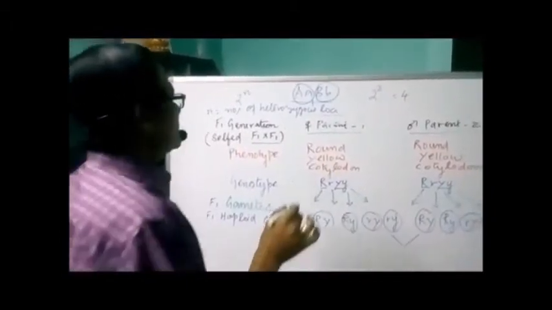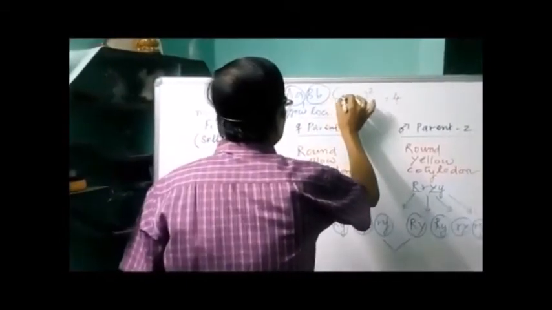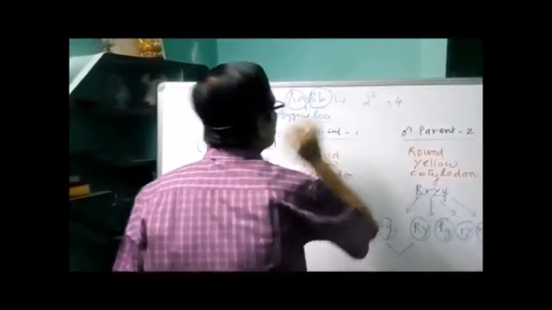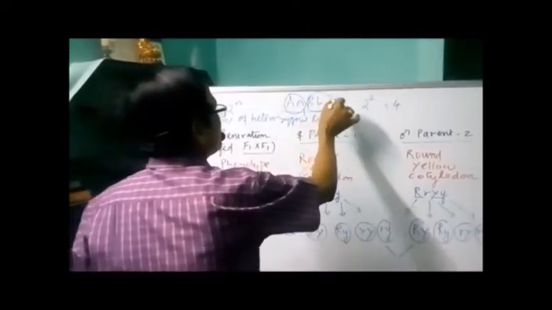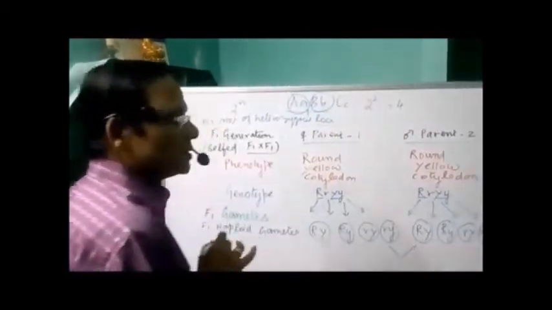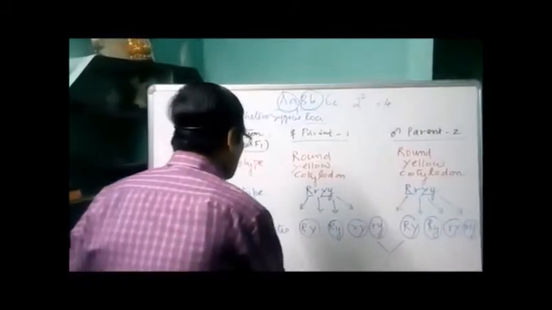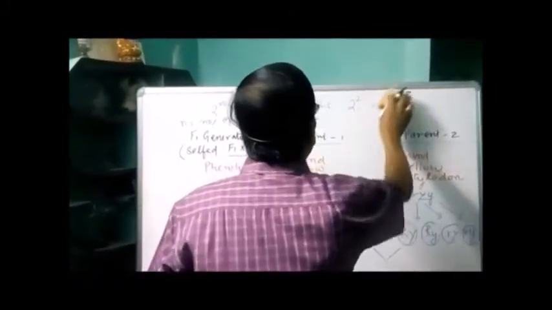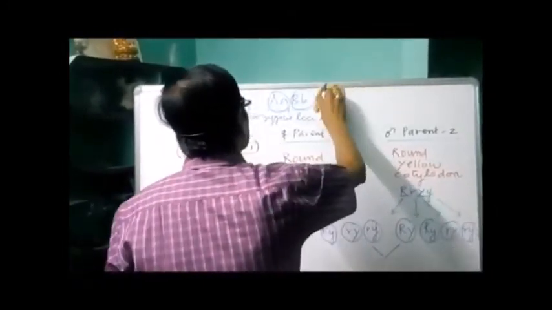If you have, for example, another one, a trihybrid, here 3 different heterozygous loci, 2 power 3, so we are getting 8. So this is one method of remembering how many gametes are produced.